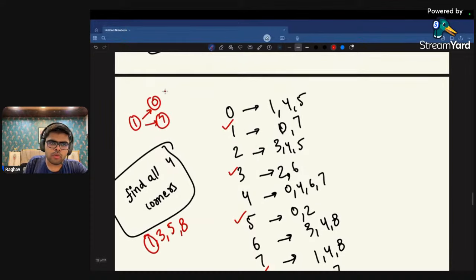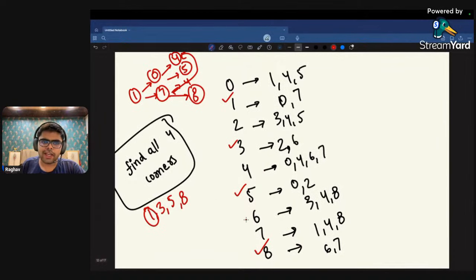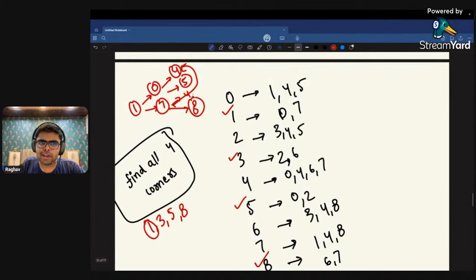From 0, you can go to 4 or 5. From 7, you can go to 1, 4, and 8. So there is this 4 and this is 8. And yeah, we found out 8 and 5. Both 5 and 8 are coming up at distance 2 from the node 1.